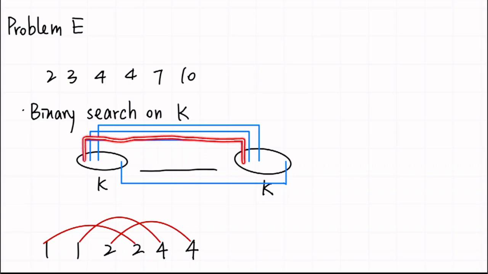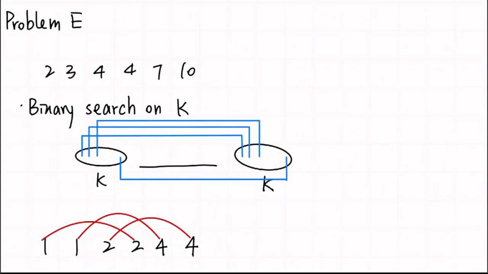The smallest one will go with the kth largest one, and they will match like this. For each k, we can just define a check function to check if the first k can be matched with the last k. By doing so, we can quickly find the maximum value of k.